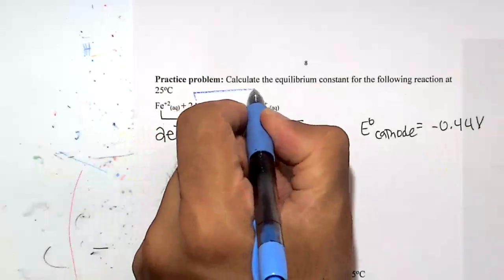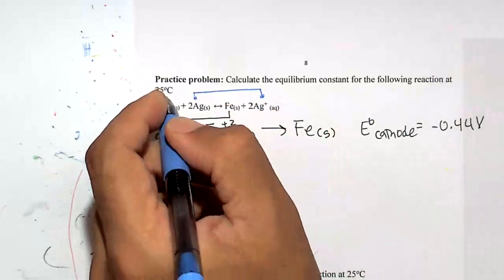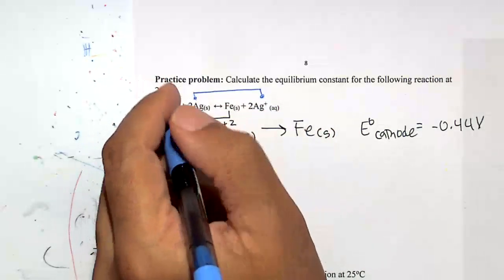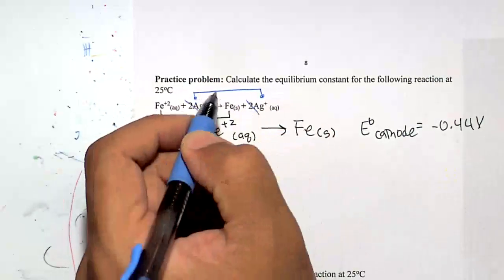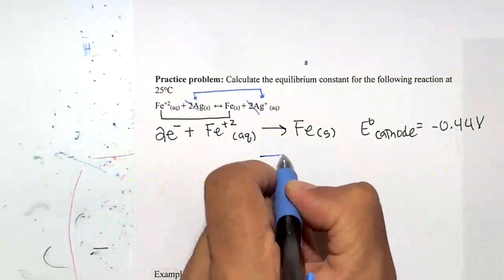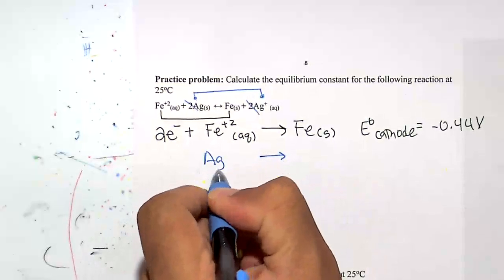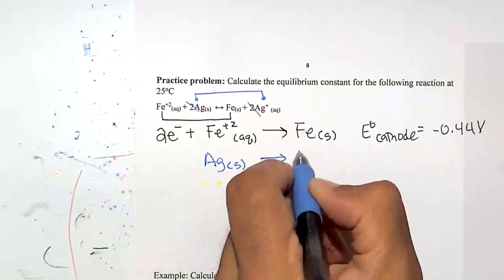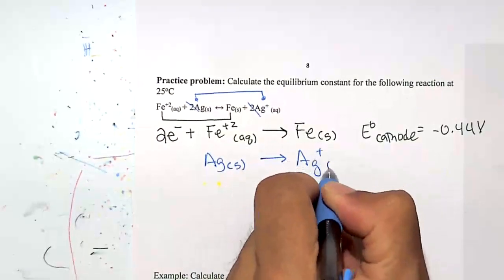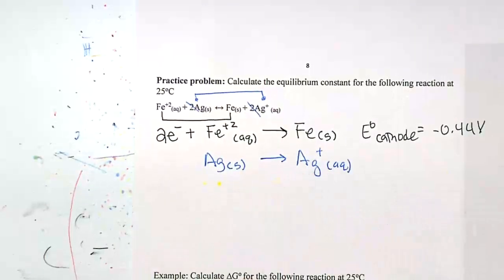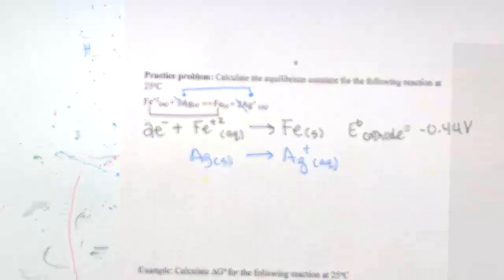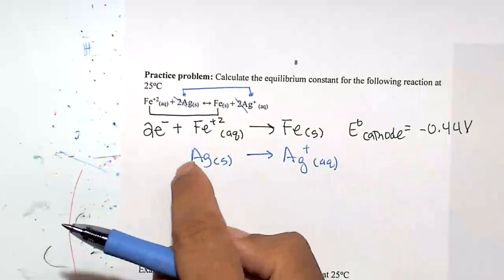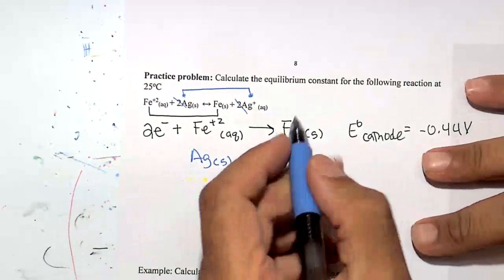We've got Ag solid goes to Ag plus. I'll ignore the 2's, but if you want to keep the 2's, you can, but actually the 2's cancel. Okay, so we have Ag solid goes to Ag plus. All right, how many electrons and where should it go to balance this? We have 1 Ag, 1 Ag.